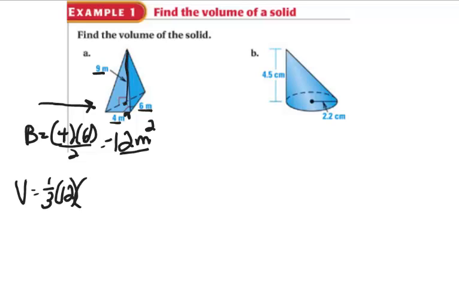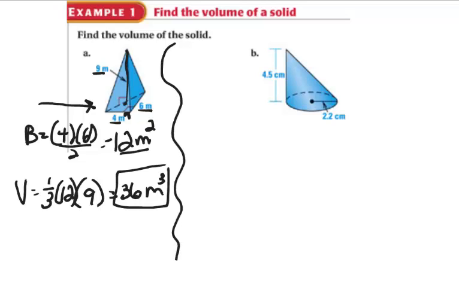So this 9 is pointing to the line that's perpendicular to the base down here and goes all the way up to the vertex. So that is the height of the solid. So I get 1/3 of 12 times 9, which is going to be 36 meters cubed. Okay, so that would be your volume of that solid.